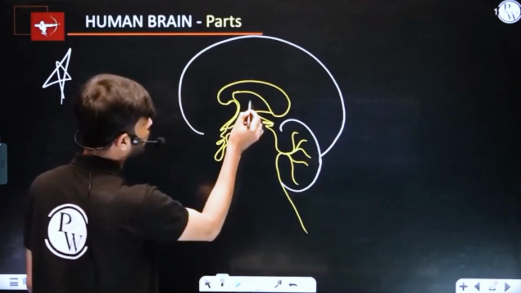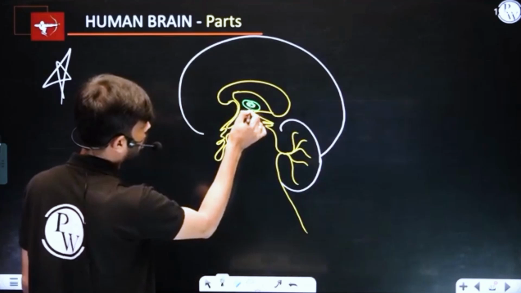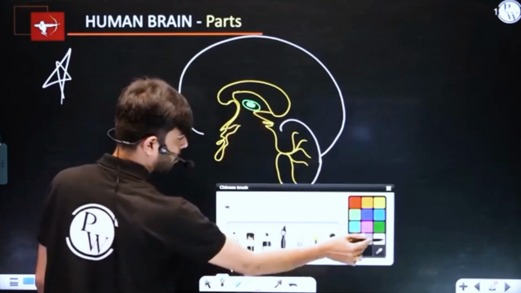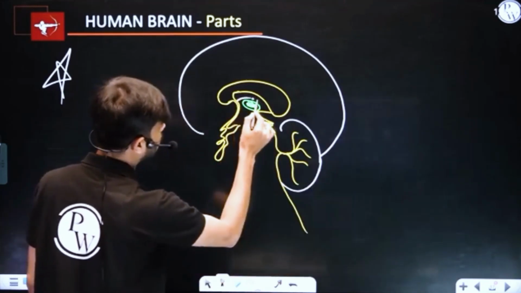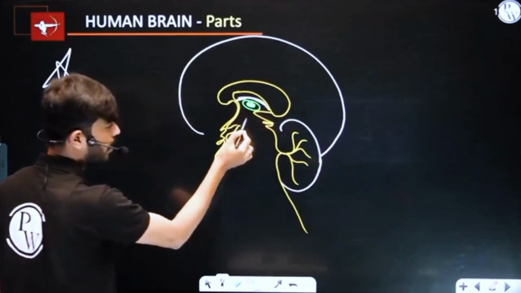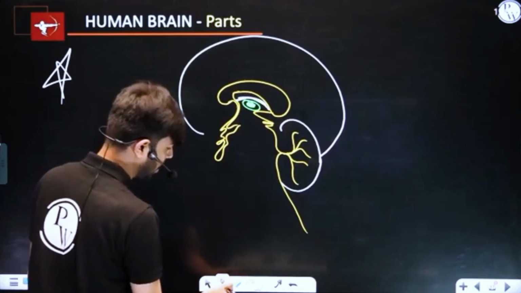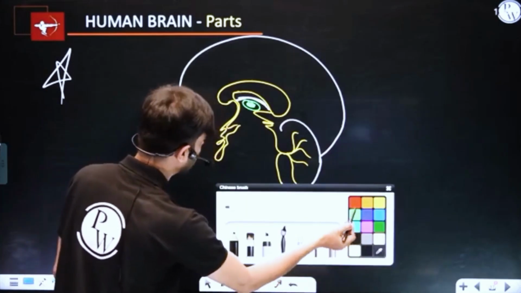Okay, here you can write another structure. The portion is called thalamus. Okay, I'm just writing here the white structure which acts as a midbrain as well. This is the midbrain. Okay, and let me complete with the help of the green only.